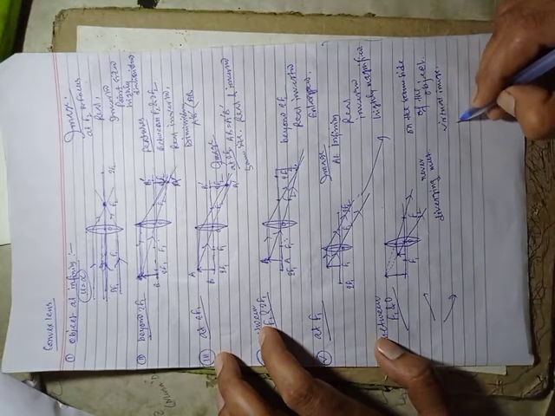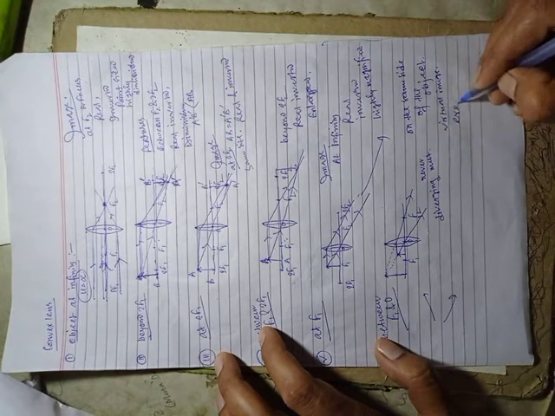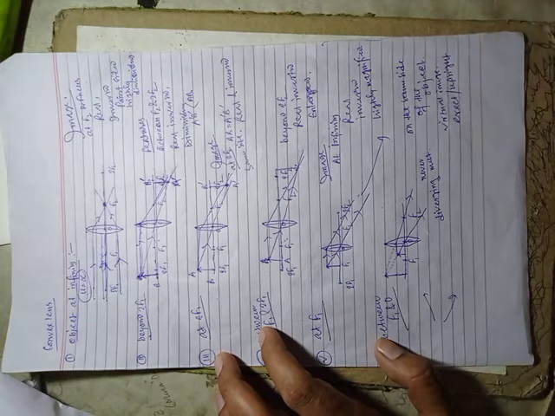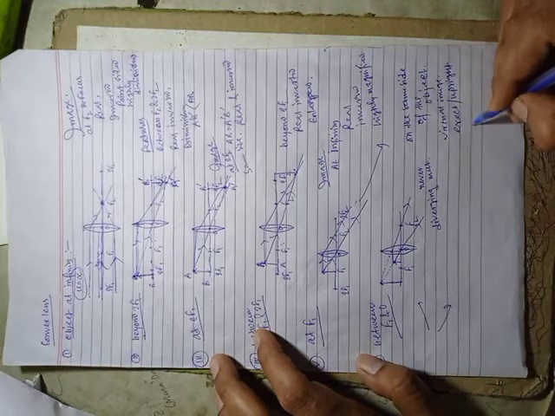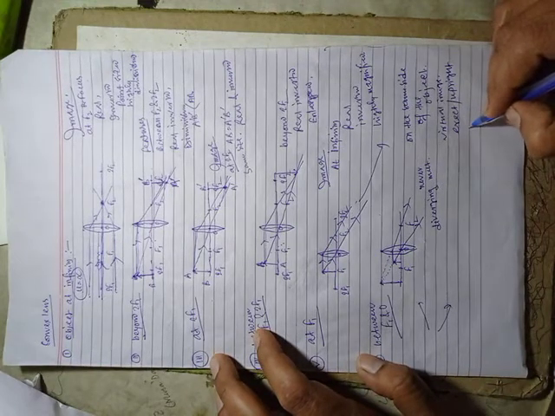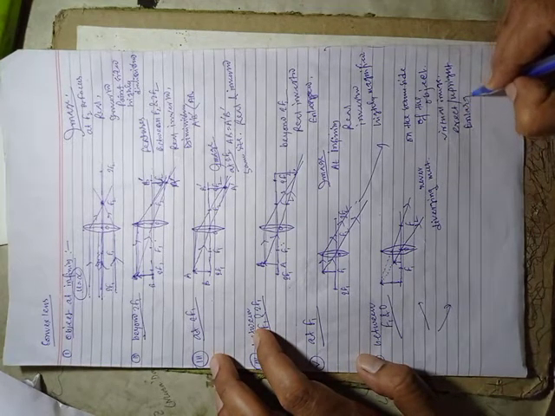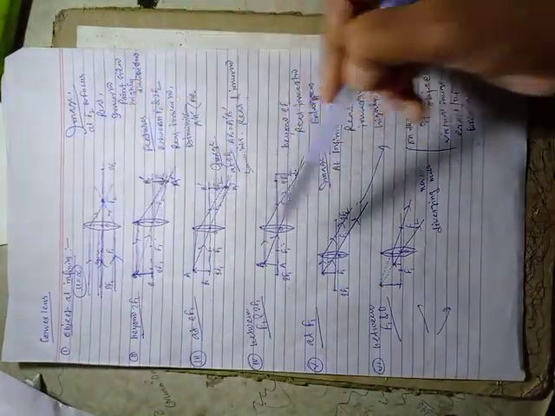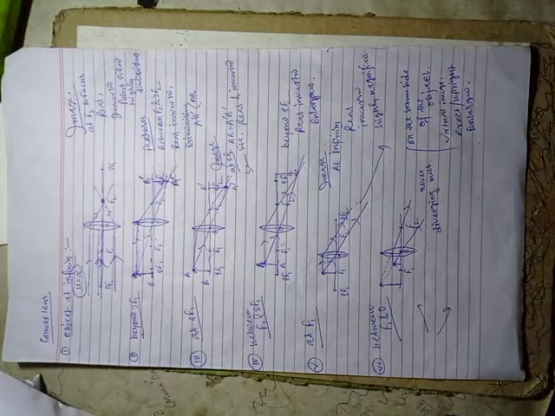Virtual means the image will be erect or upright, and enlarged. So students, that is the case for the convex lens, the six cases.